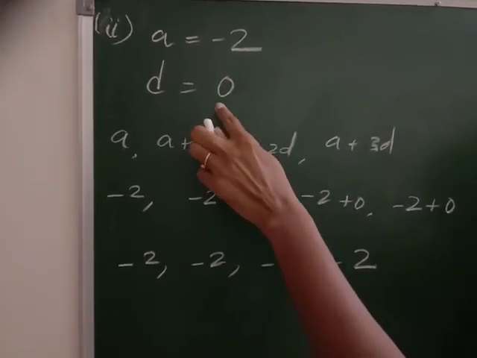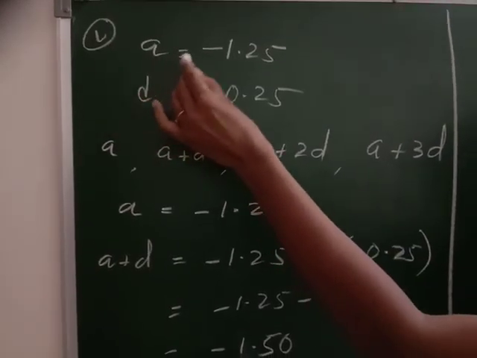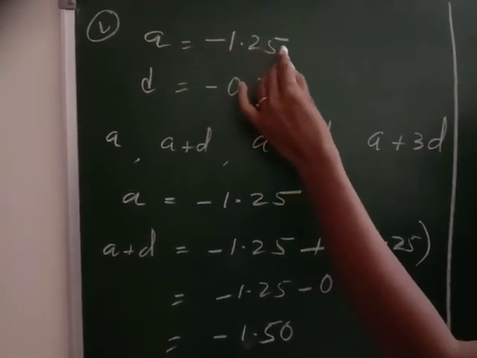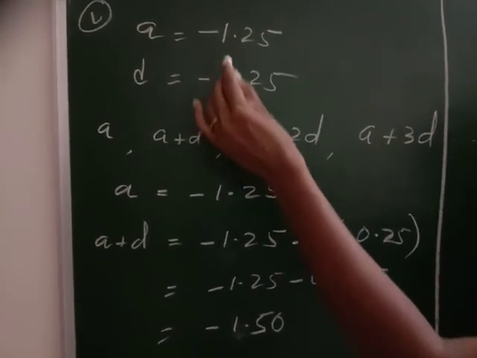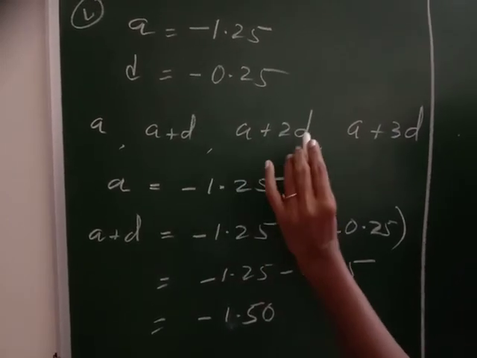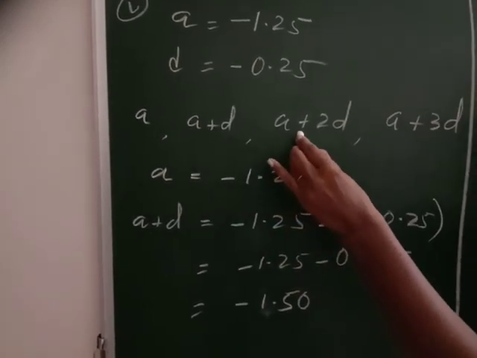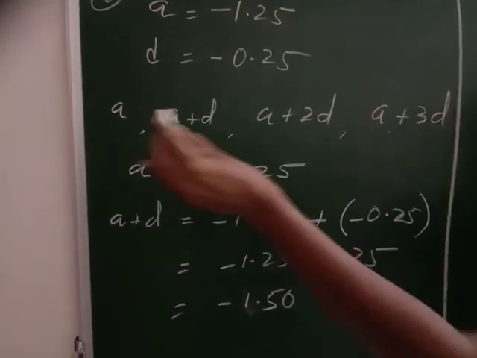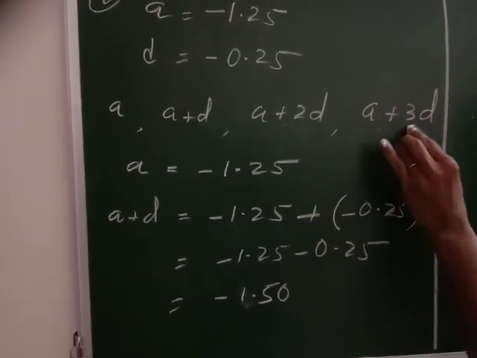Now let's see the last question of this. Fifth, A is equal to minus 1.25 and D is equal to minus 0.25. Now here the numbers are in decimal. So be careful in doing the calculation. So the first term, second term, third term and fourth term: A, A plus D, A plus 2D, A plus 3D. Okay.